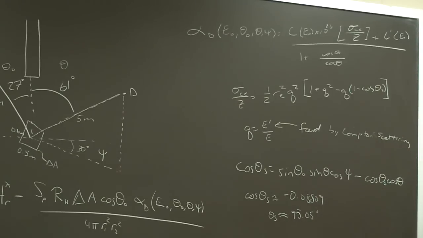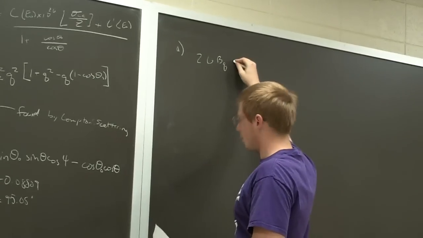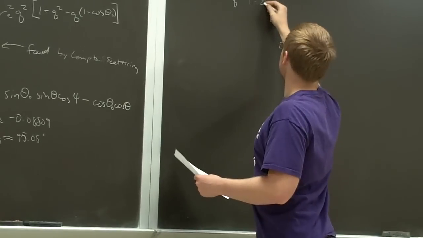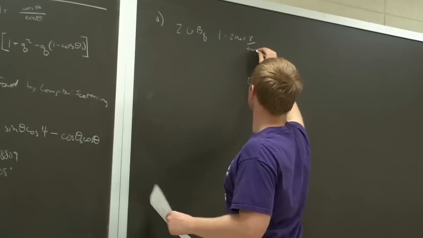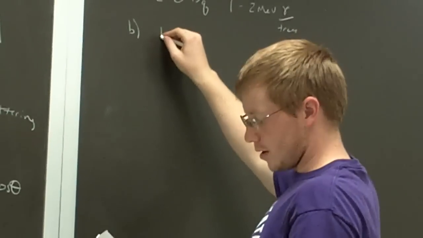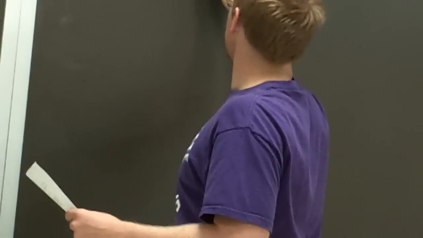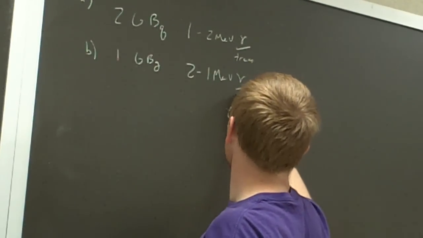So if you don't want to go through all the math, just look it up. For A, we have a 2 gigabecquerel source, 2 MeV photon per transformation. In B, we have a 1 gigabecquerel source with 1 MeV photons per transformation.